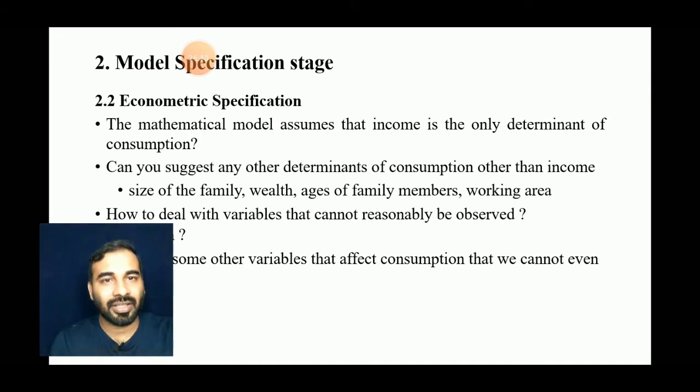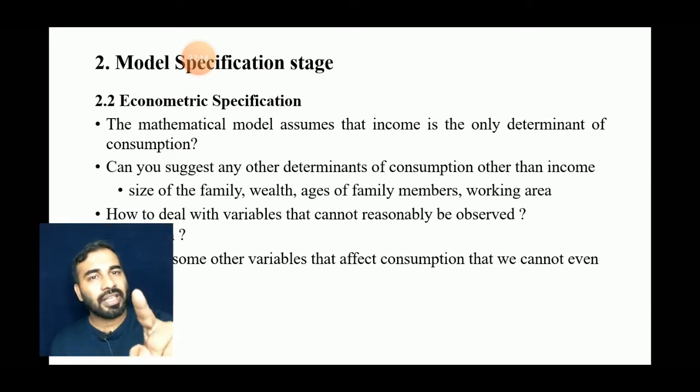deterministic. But we are all human beings. We cannot have the same taste and preference. Some people may order tea or coffee or Horlicks or Boost, some juice, some cake. This means human behavior is something we cannot forecast or predict using a mathematical model, because the model assumes that your consumption depends only on your income.